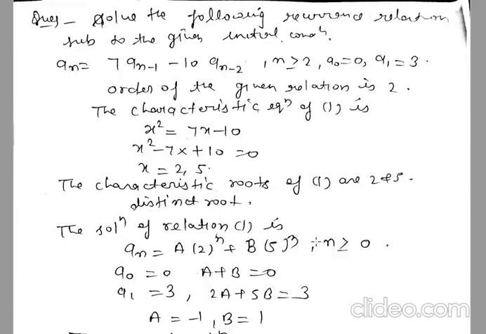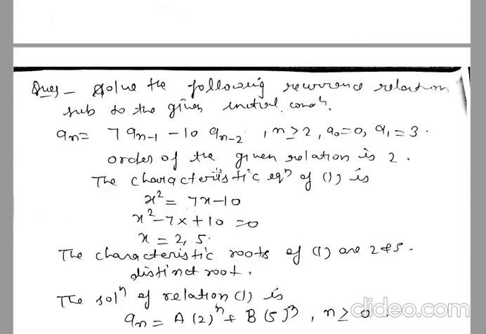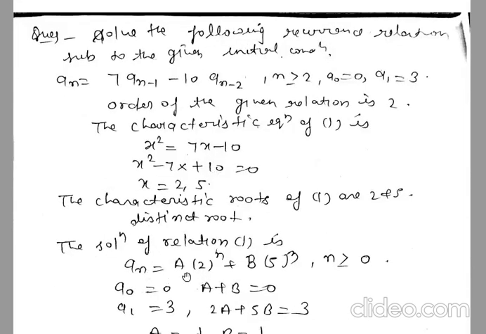So, the solution of relation 1 for distinct roots is a1 s1 to the power n. So your solution a_n is equal to a s1 to the power n, where s1 will be your 2. So 2 to the power n plus a second constant b.